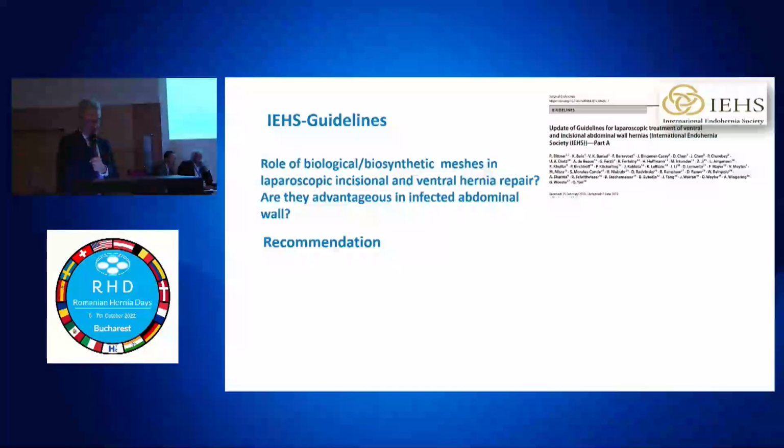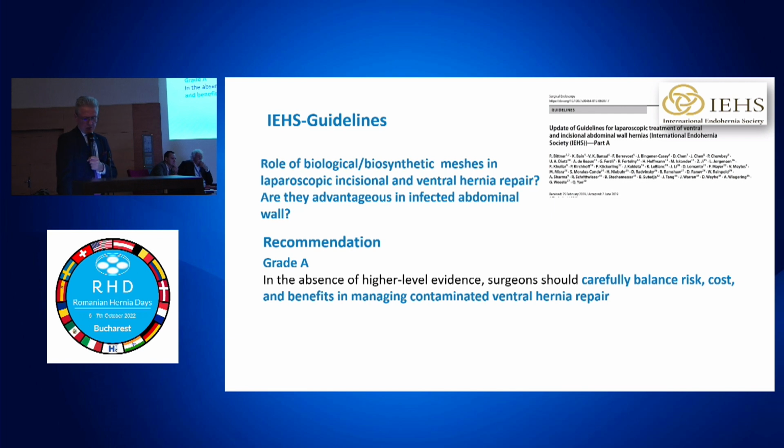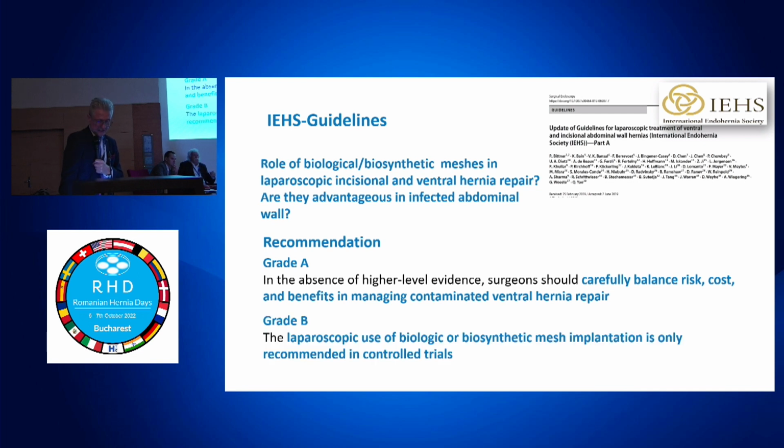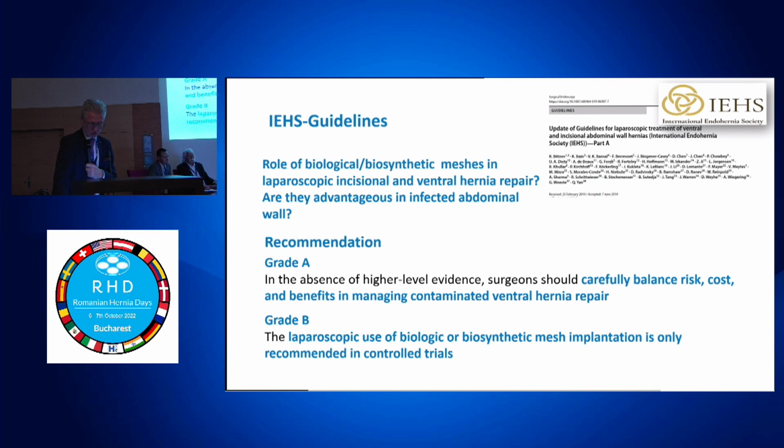Looking at the end of my talk to the EHS guidelines, recommendation grade A: you should carefully balance risk, costs, and benefits in managing contaminated ventral hernia repair, especially using biological, biosynthetic, or synthetic meshes. Laparoscopic use of biological or biosynthetic mesh implantations is only recommended in controlled trials.